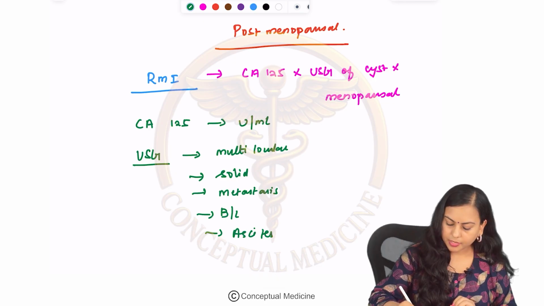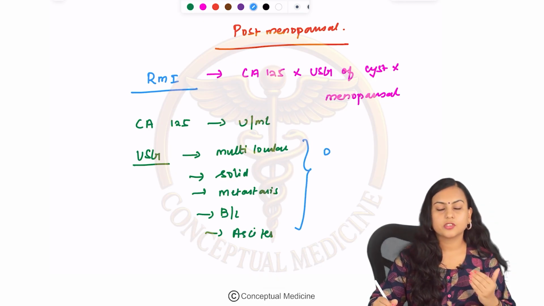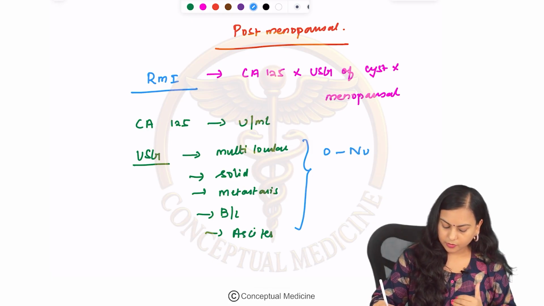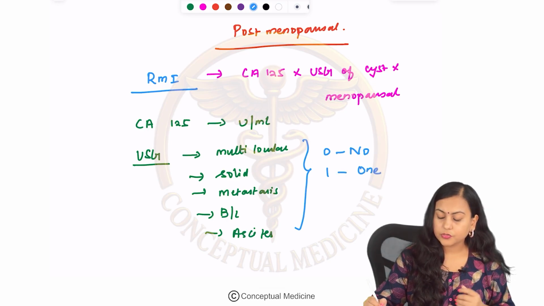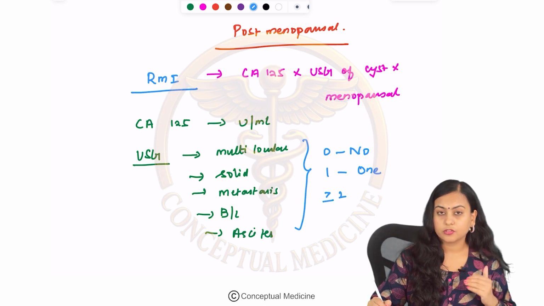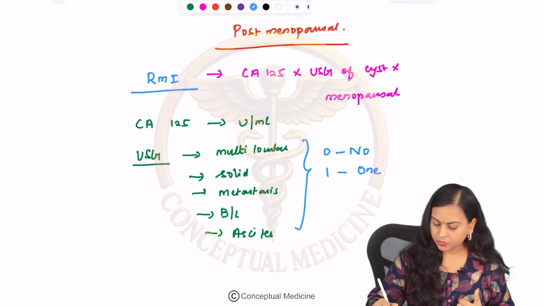Among these features, when you see no suspicious lesions on ultrasonogram, you will give her a score 0. When you see one suspicious feature, you will offer her a score 1. When you see more than or equal to 2 features, you will offer her 2.